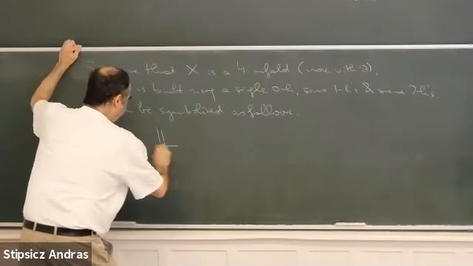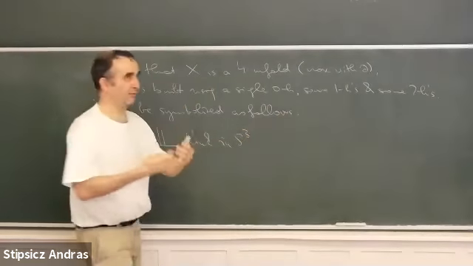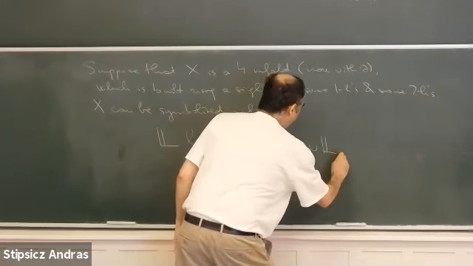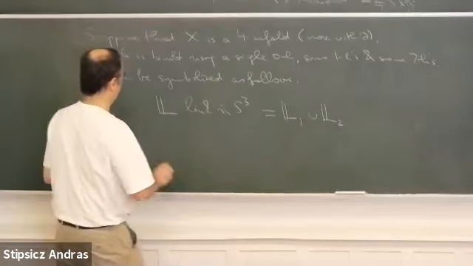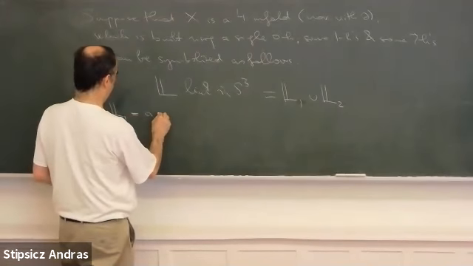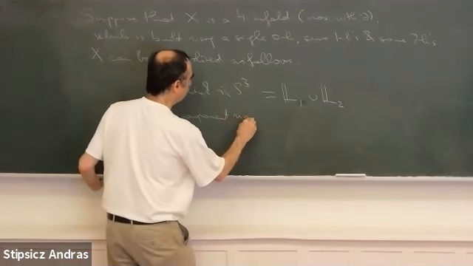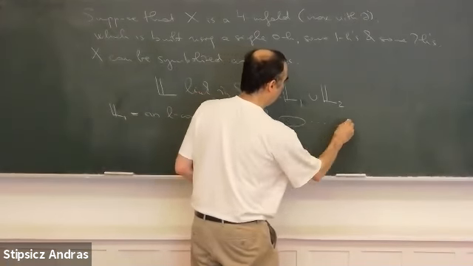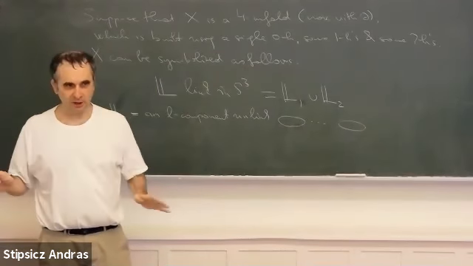Let's take a link L in S3. So it's a multi-component link, which decomposes as L0 union L1 union L2, where L1 is an unlinked collection of components, so these are unknots which are not linked to each other at all.